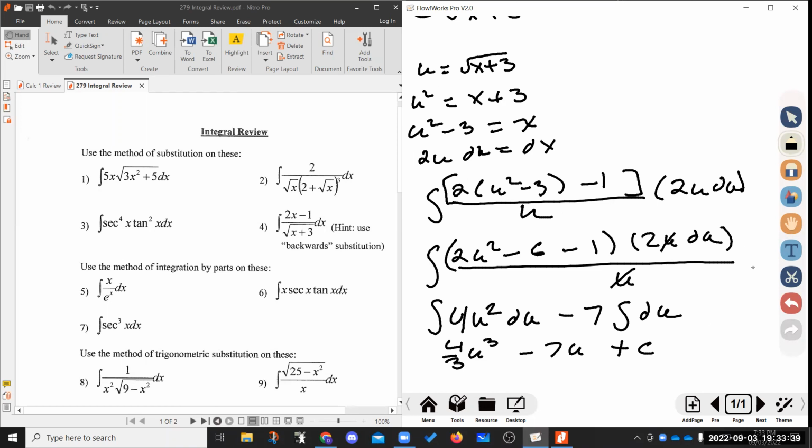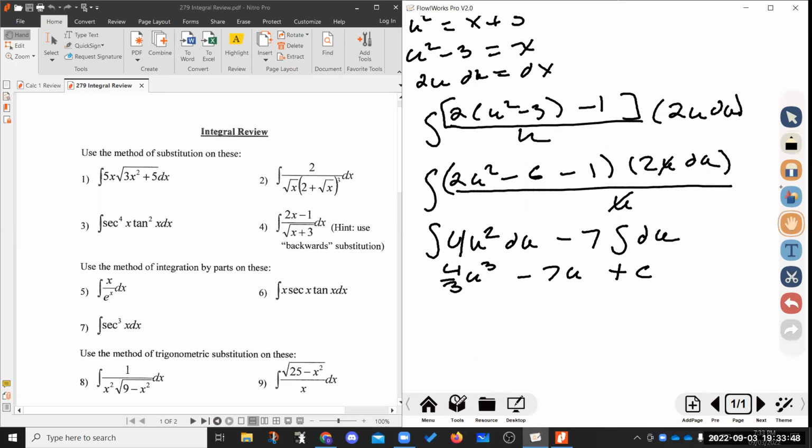U is x plus 3 to the 1/2. So this is 4/3 x plus 3 to the 3/2 minus 7 x plus 3 to the 1/2 plus c.